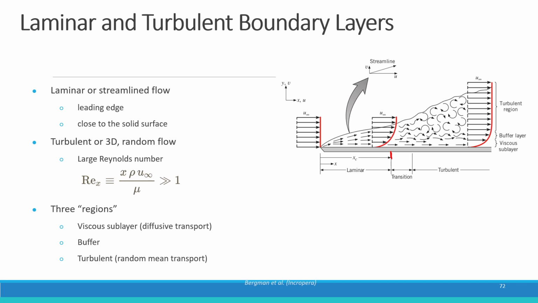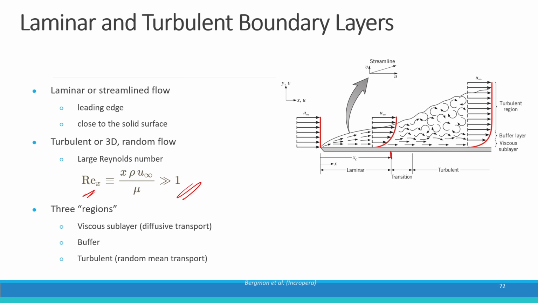This is shown in this figure. We characterize this transition from laminar to turbulent by the Reynolds number: at large Reynolds number the flow will be turbulent, and at smaller Reynolds number the flow will be laminar. This value will depend on the geometry we are considering. For example, for a cylinder the critical Reynolds number will be different, and for a flat plate the critical Reynolds number can be different.